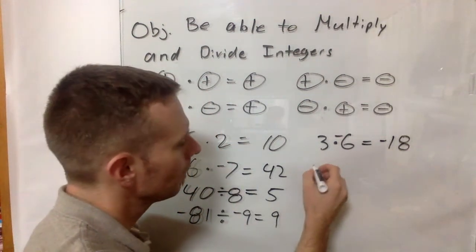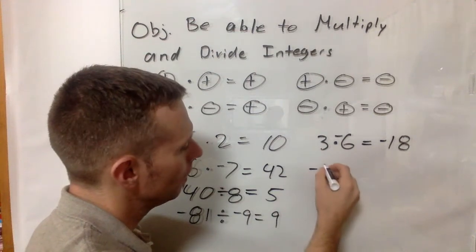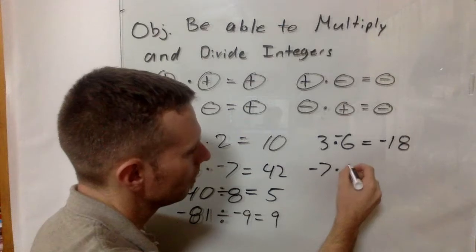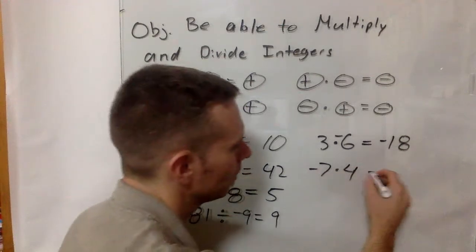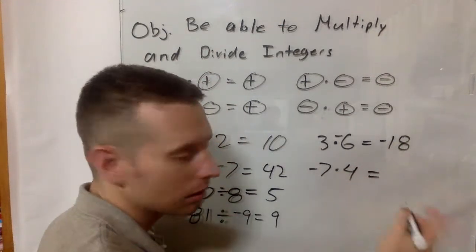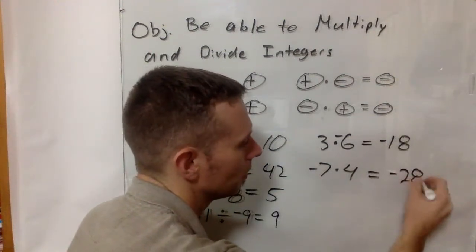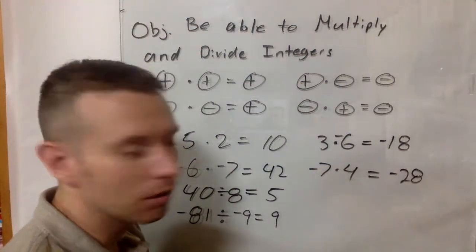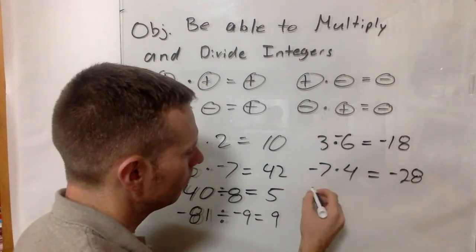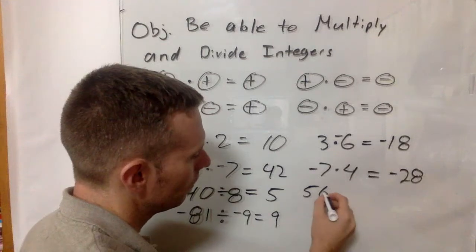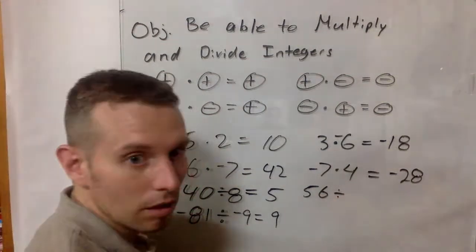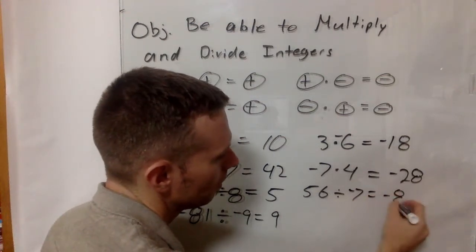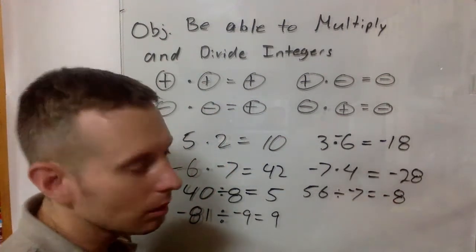Negative 18. Let's do, I don't know, negative 7 times 4. Opposite signs, answer will be negative. Okay, same thing with division. 56 divided by -7 equals -8.